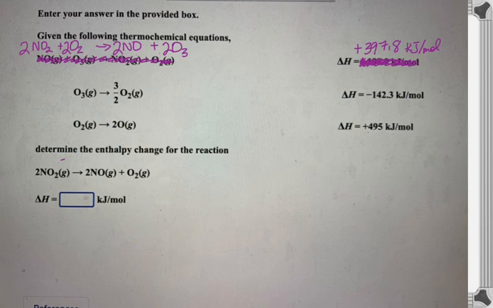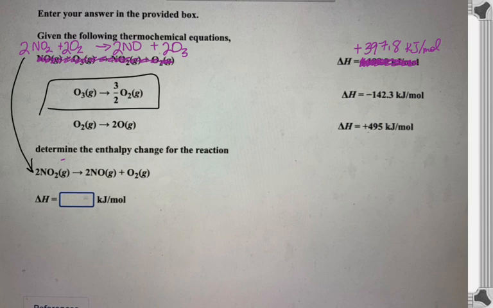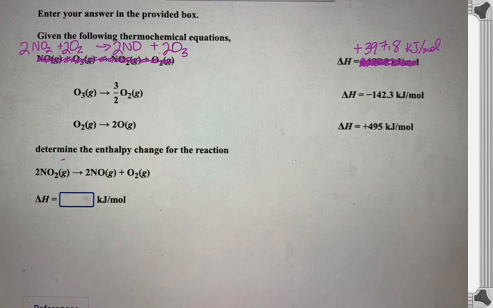That tells me that I need to double this one. I know I don't need to change this 2 because the whole reason I did that is so my NO2 would be fine. Okay, so I'm going to double this second equation. So if there's a 1 here in front of the ozone, that becomes 2. 3 halves becomes 6 halves, which is 3, right?